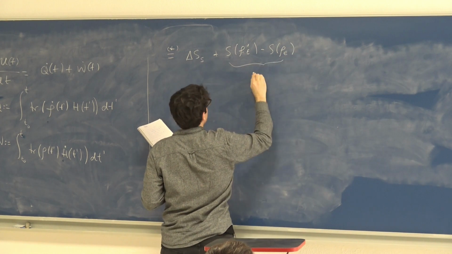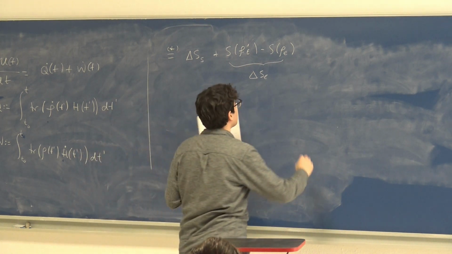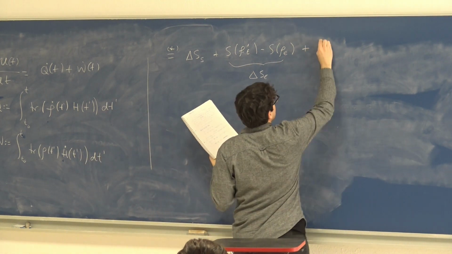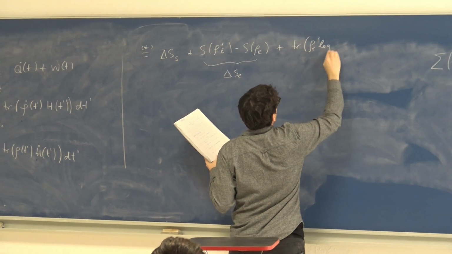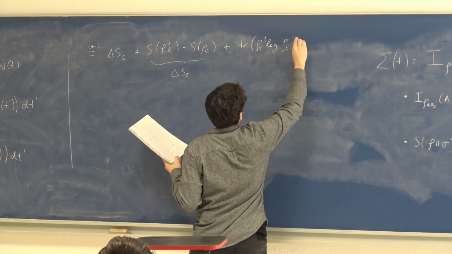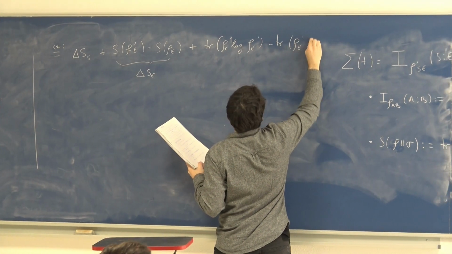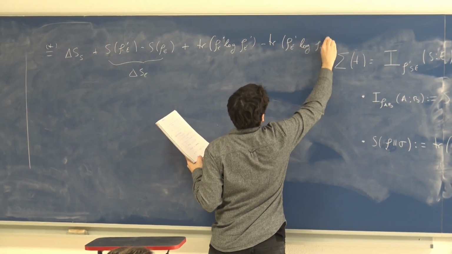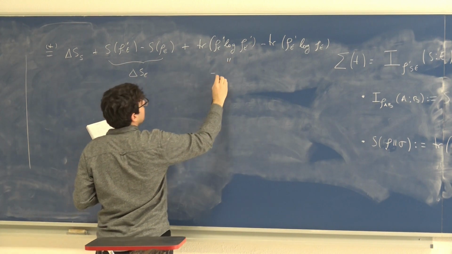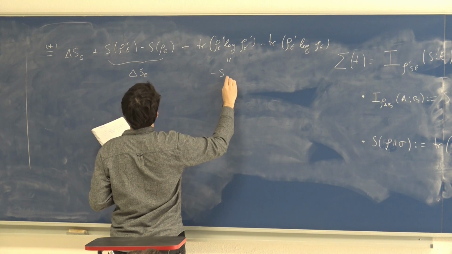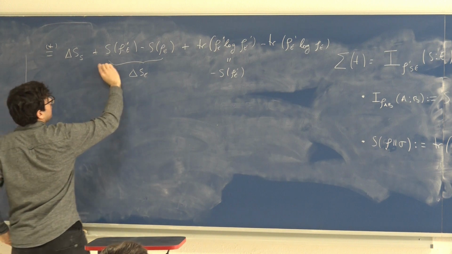This is simply the variation of entropy. And then the second term is the trace of rho e log rho e, both with prime, minus the trace of rho e prime log rho e. This is simply minus the entropy of the final state of your bath, which cancels out with this one.